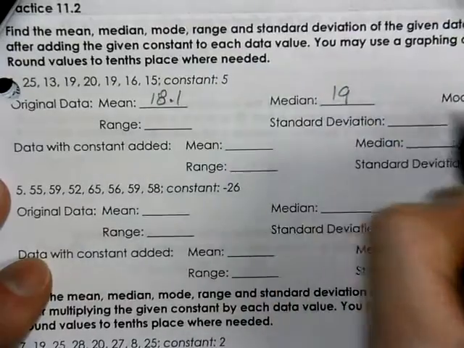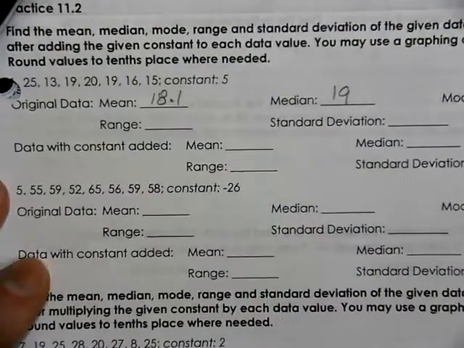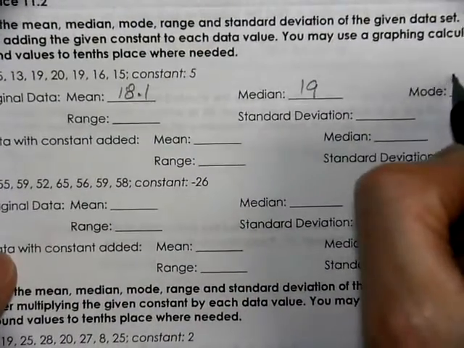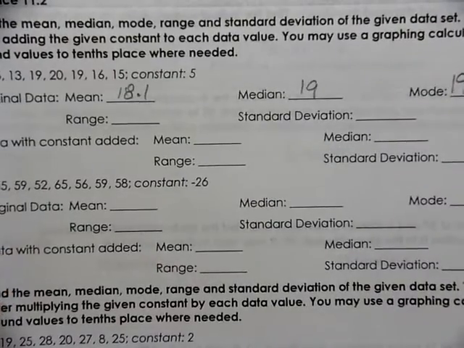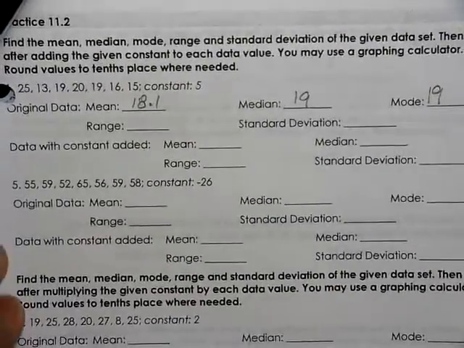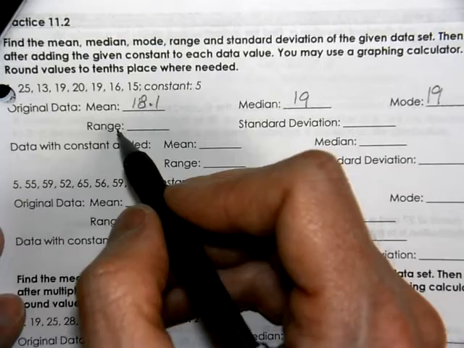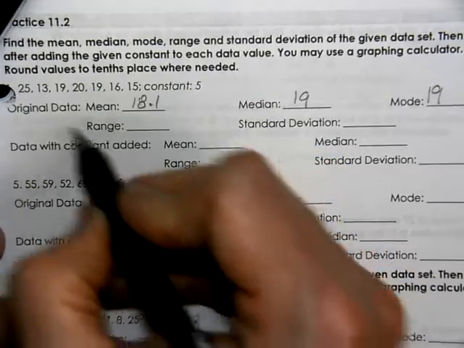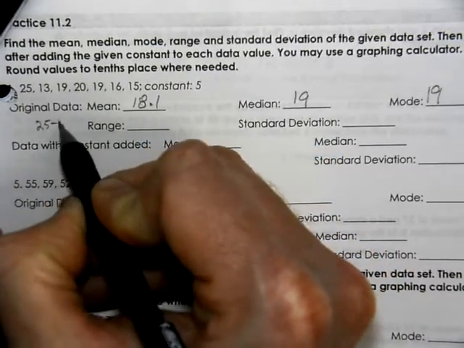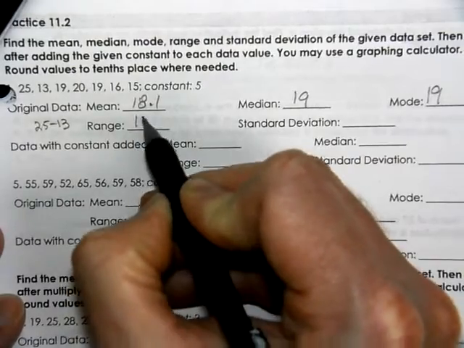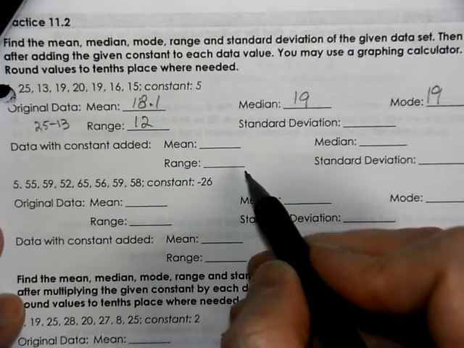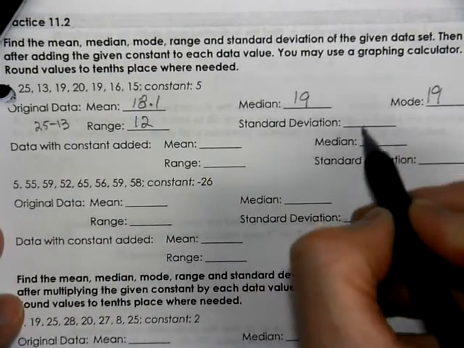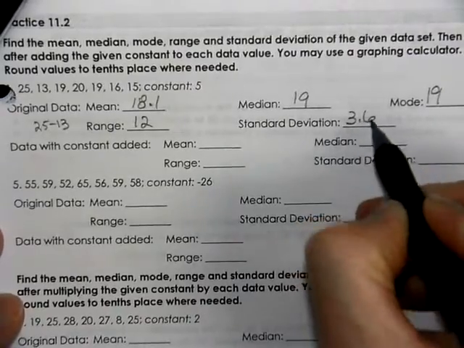The median is 19. The mode happens to be 19 also. The range of this data is 25 minus 13, so that's 12. The calculator shows us that the standard deviation is 3.6.